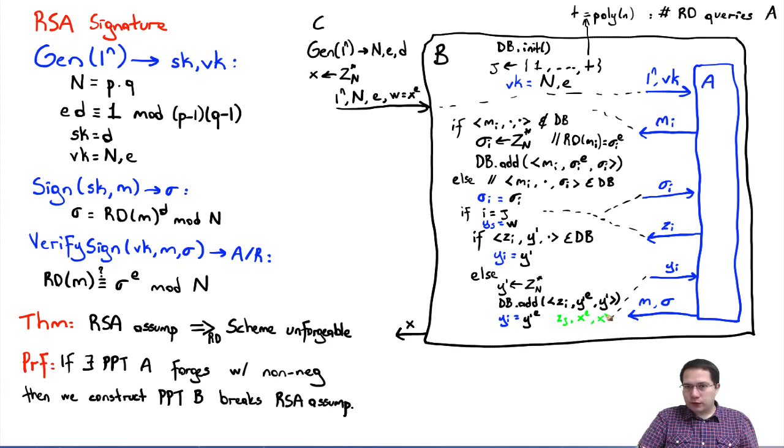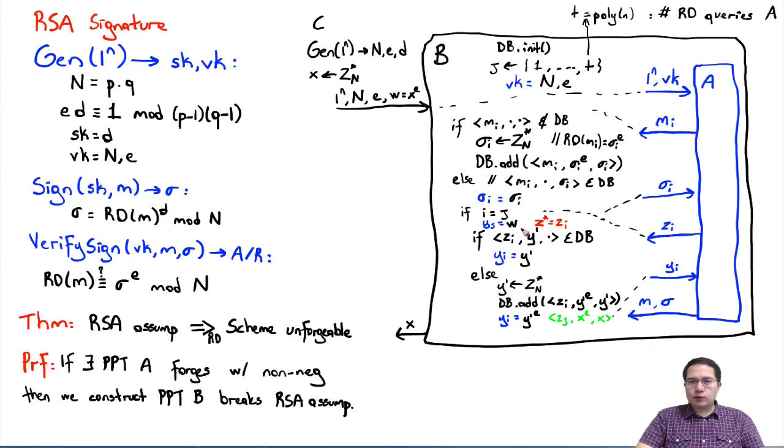We don't know x, so we can't store this. But a way of thinking is that zj has its random oracle output set as x to the e, and the signature corresponding to that would be x. We don't know these, we don't store them, but instead we return yj back as w, and we remember this value as z star. We remember that particular zj as z star. We are going to use this later on.